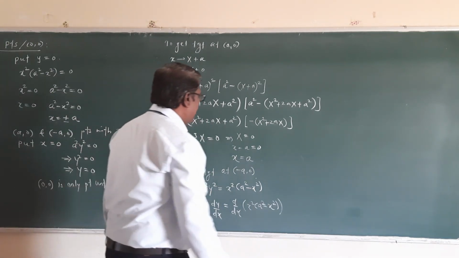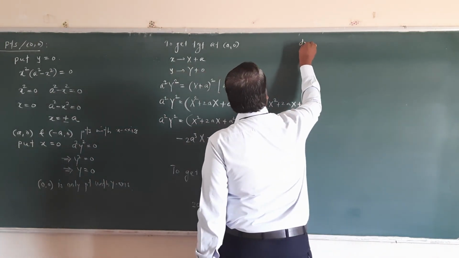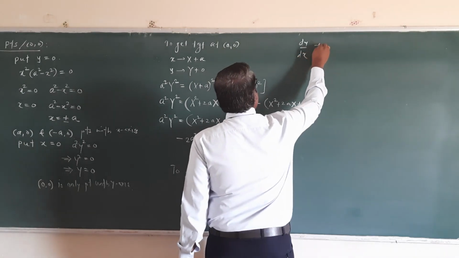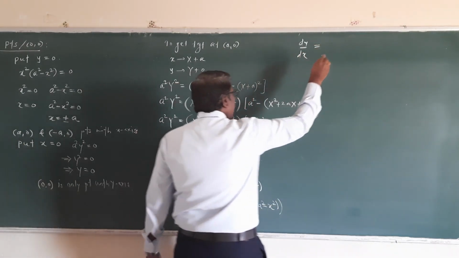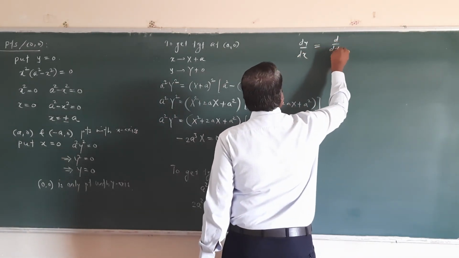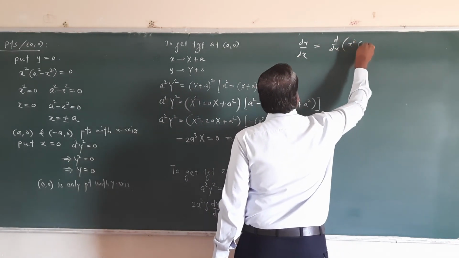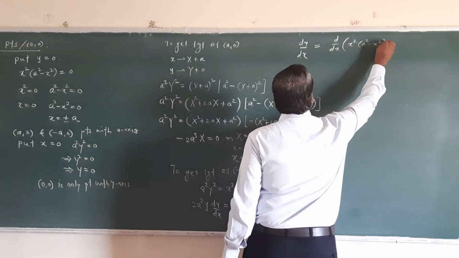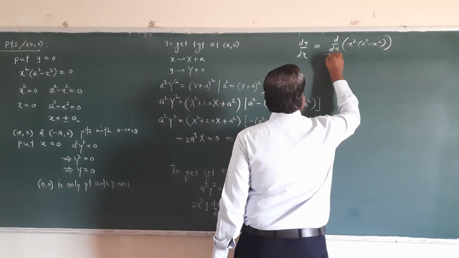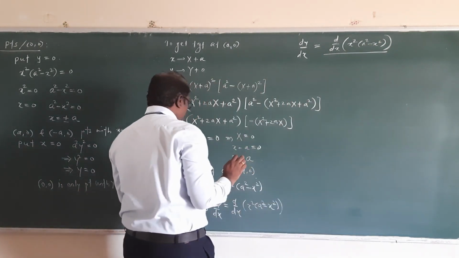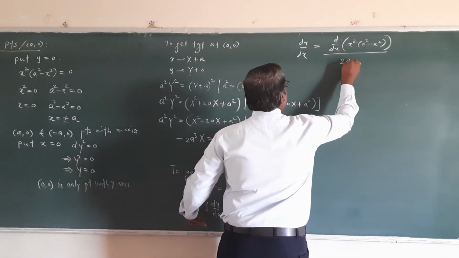Isn't it? Now, therefore, dy by dx is equal to d by dx of x square into bracket a square minus x square divided by 2a square y.